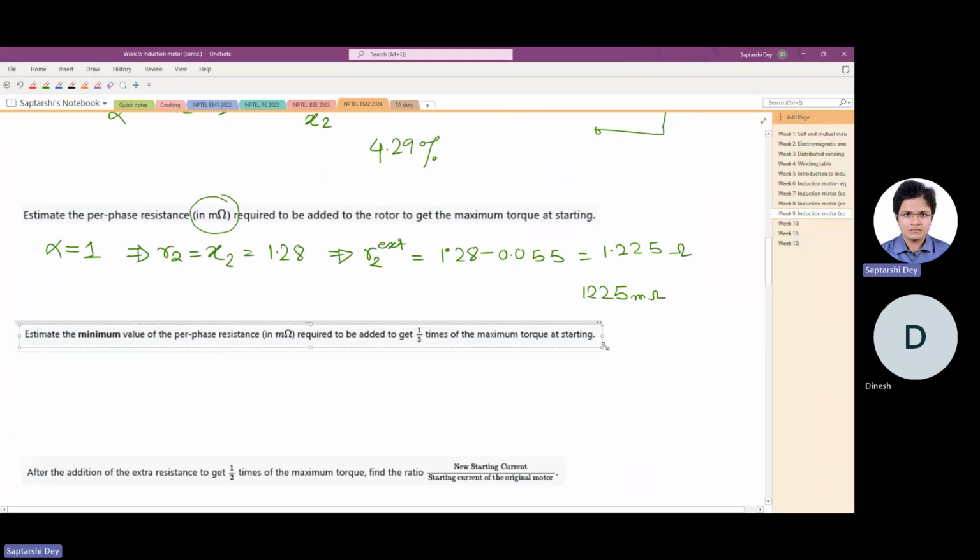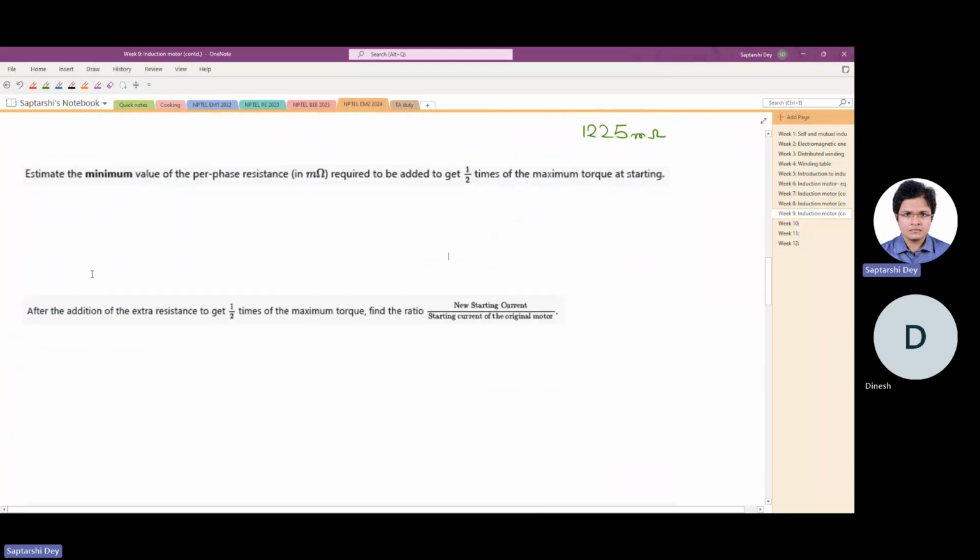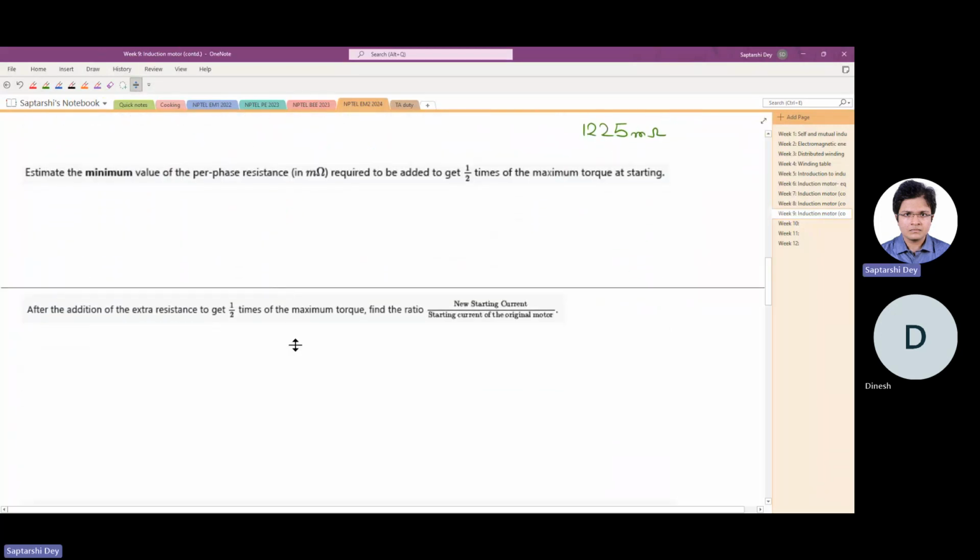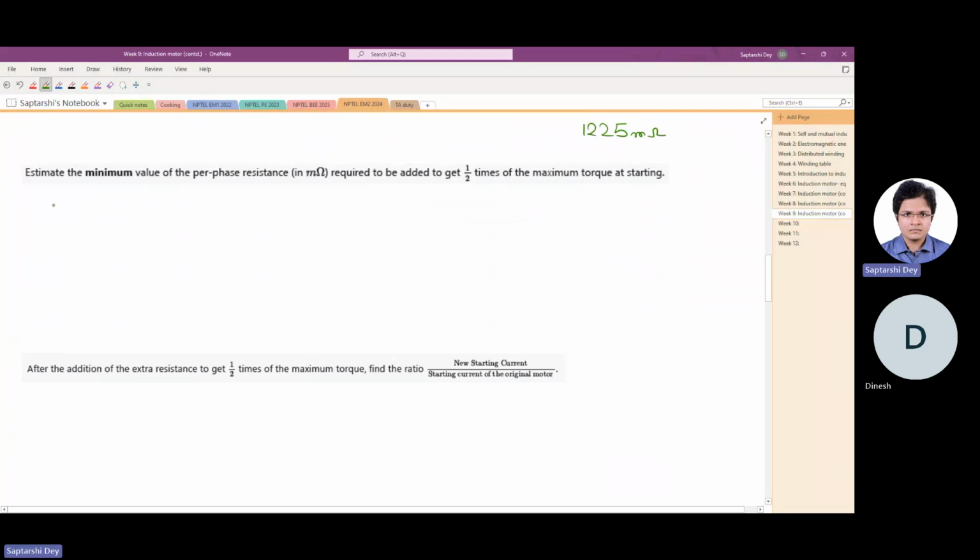The next question is: estimate the minimum value of the per phase resistance required to get half times the maximum torque at starting. Half times the maximum torque at starting means starting torque by peak torque is half.